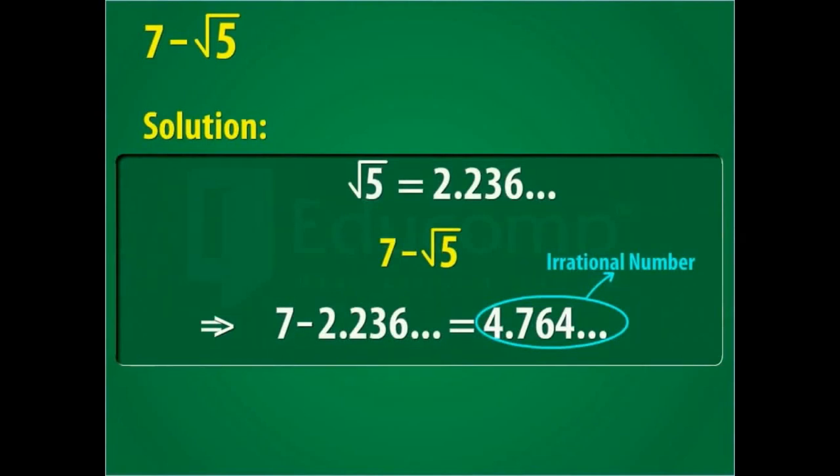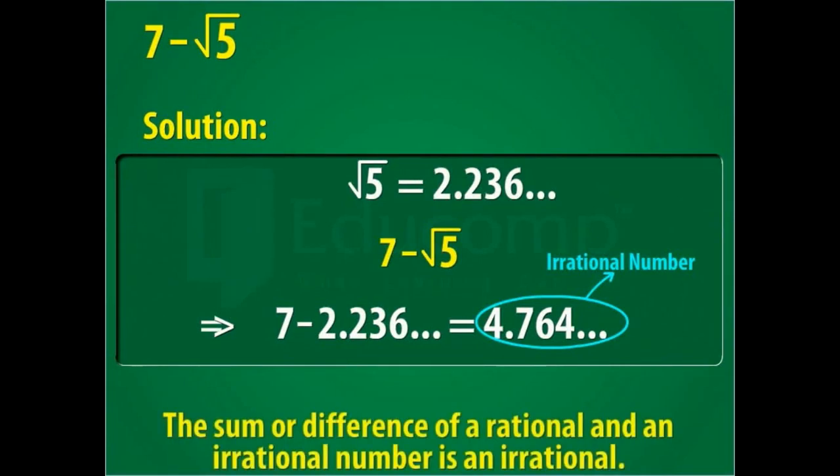Likewise, 7 minus square root of 5 is the irrational number 4.764 and so on. This helps us to generalize that the sum or difference of a rational and an irrational number is an irrational.